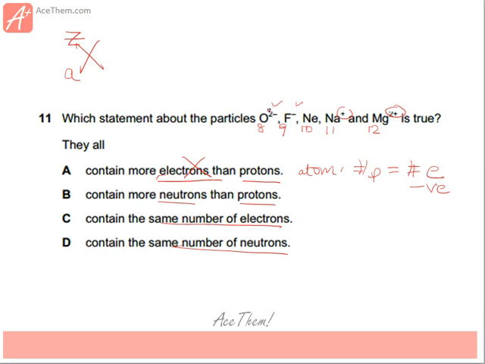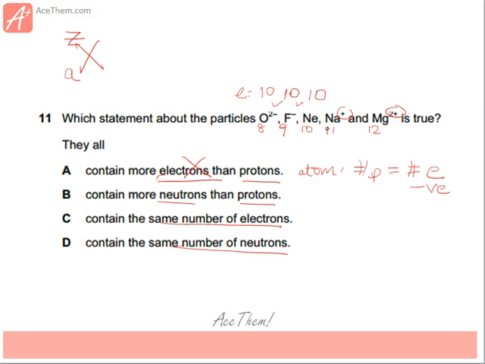Gaining 2 electrons, the 2 minus, means they've got 10 electrons. Fluorine: 9 protons equals 9 electrons in the atom. As an ion, having gained 1 electron to get the minus charge, it is 9 plus 1, also 10. Neon has no charge, so 10.